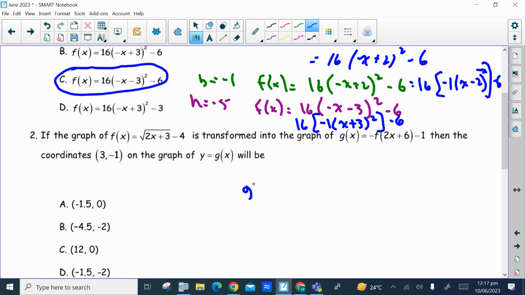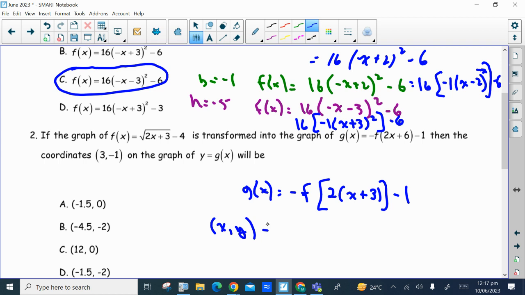Well, again, you've got the negative in front, so that's going to do something. But we can't forget, once again, that the b value must be taken out as a common factor to get the true h value. So if we were to write a mapping notation to go from f to g, you've got a b value of 2, which will be a horizontal stretch by a half.